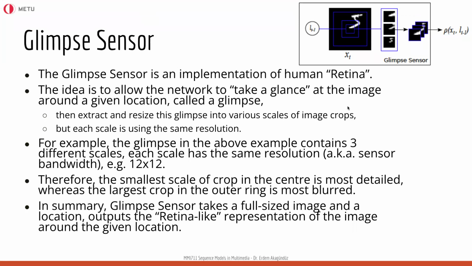That's your ability to handle multi-scale operations; your visual cortex in the back of your head can do this. You combine these to create that part of the model, and that's the glimpse vector, they call it. For example, the glimpse in the above example contains 3 different scales, and each scale has the same resolution. So they resample it to the same resolution.